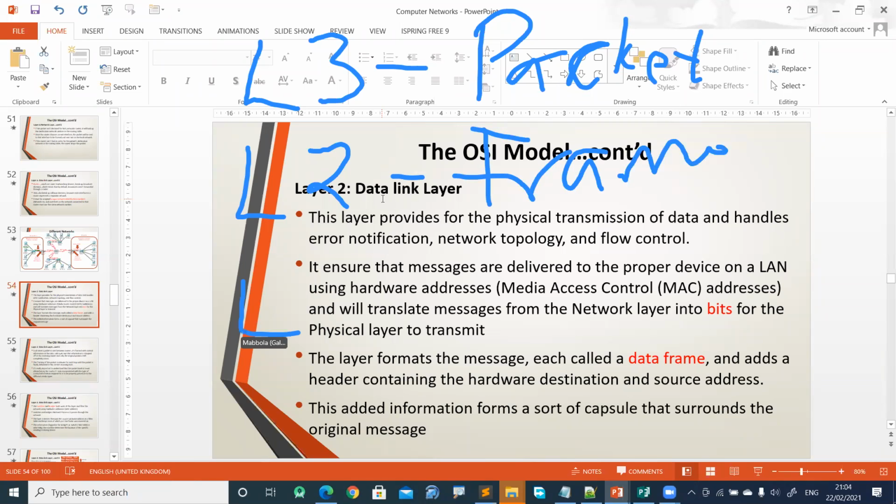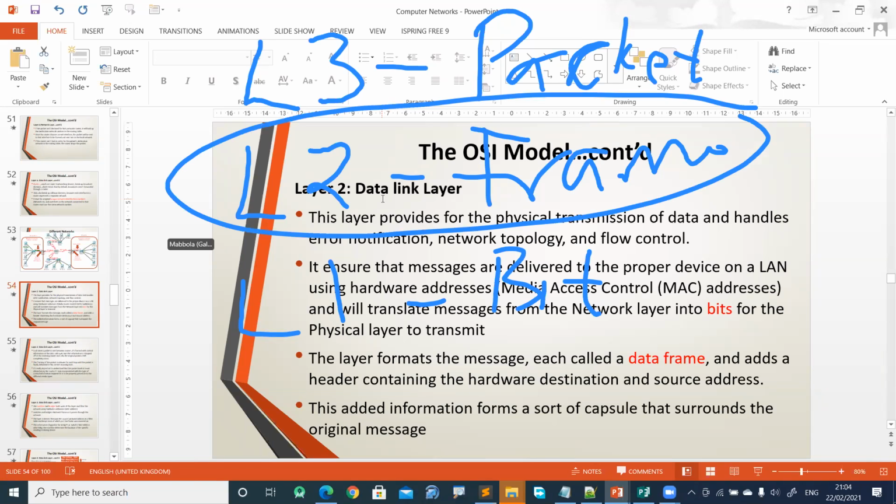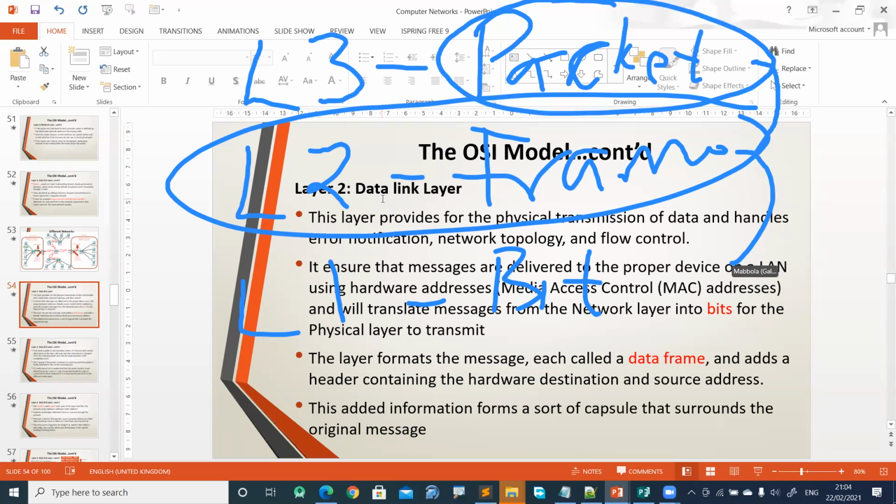Then for layer 1, these are bits. So that layer takes the information from above, takes the packets and changes them into bits. So it is the responsibility of this layer to translate the packets or frames into bits.